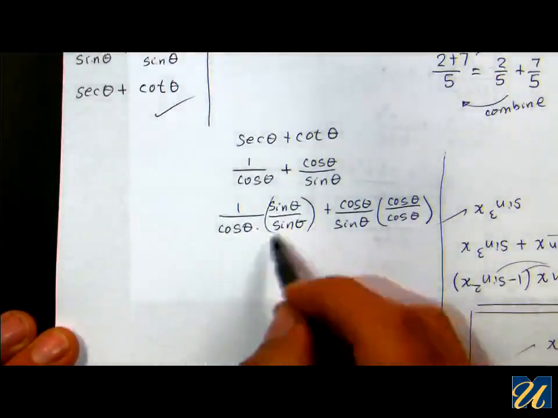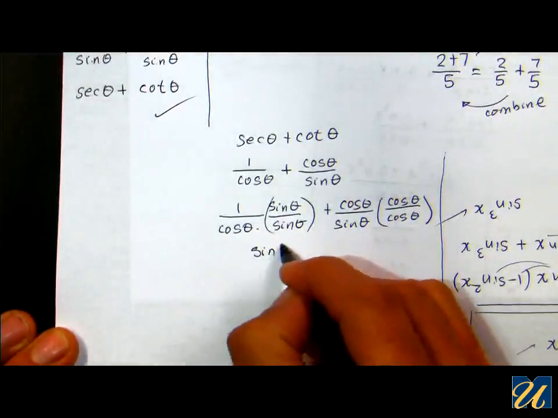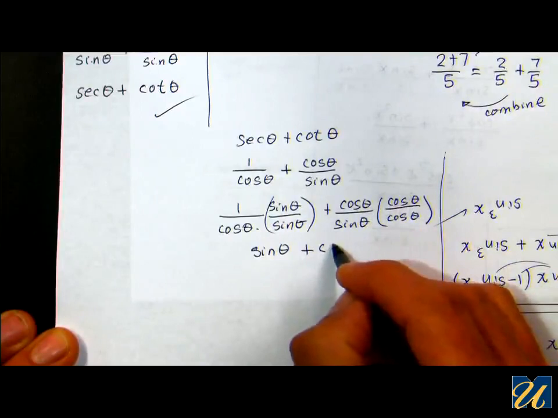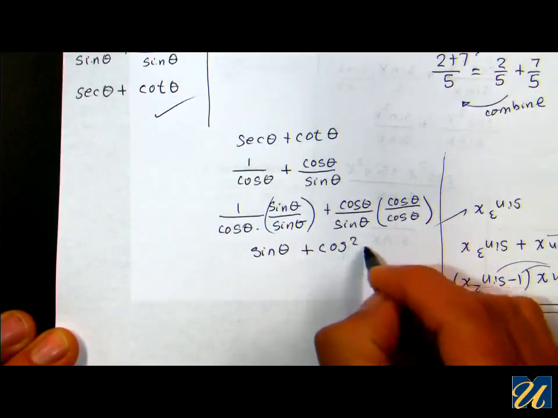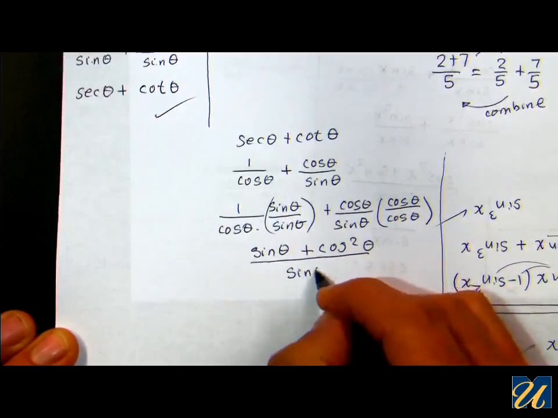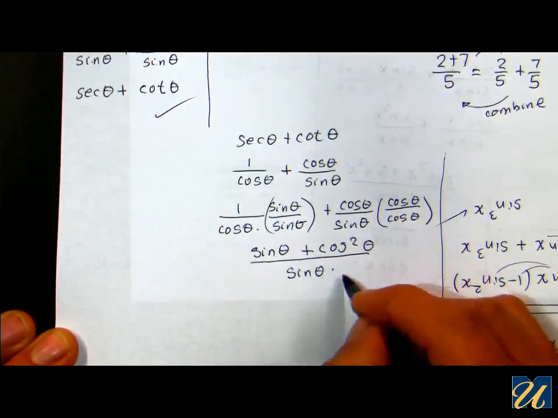Then, what do we got? Push this together. This is sine theta. Push this together. It's cosine square theta. And we have a common denominator of sine theta times cosine theta.